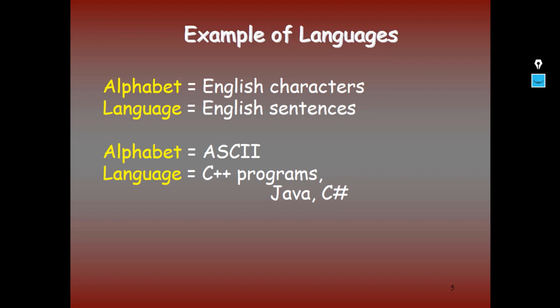So the alphabet for the English language is that set of characters, and the language is, of course, all the words and sentences from that alphabet. For any modern programming language, you would find all the characters in the ASCII character set. So ASCII is the alphabet for the programming languages.